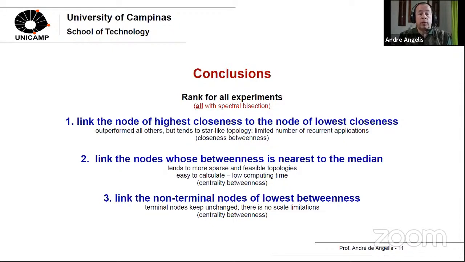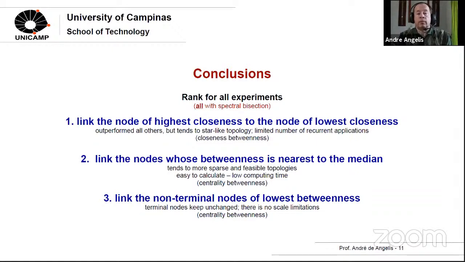We know about it. This strategy is not good for the application of repeated times, but from the point of view of the automatic selection of edges, this strategy could be applied if you want, for instance, to put in 3, 4, 10 new edges. There is no problem.